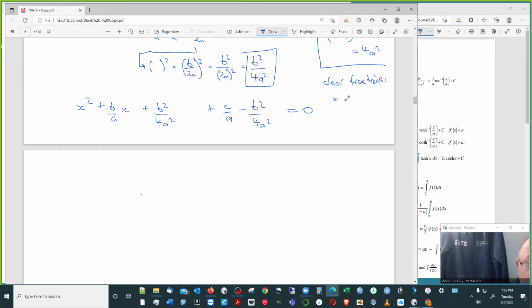Multiply by the highest common multiple of the denominators. In this one, the highest common multiple on the denominator is 4a squared, so I'm going to times by 4a squared to clear fractions. Everything gets a 4a squared multiple.